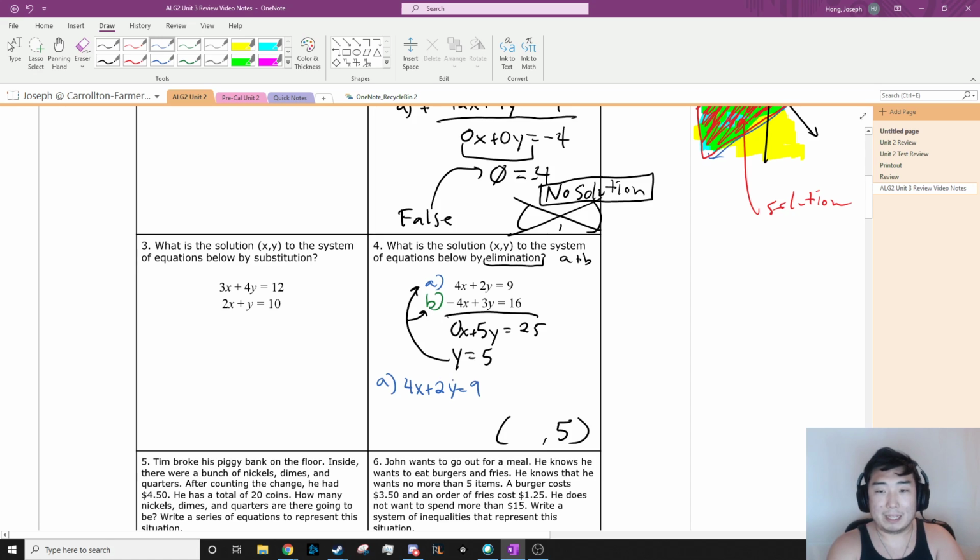I just copied and pasted it from my question. I have to replace this y with a 5, so let me put this 5 in parentheses. Whenever you substitute something, you should always put it in parentheses.